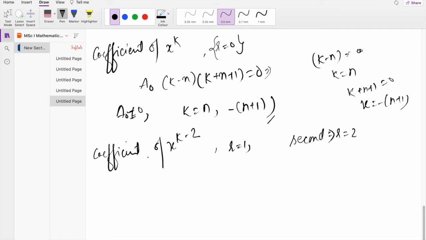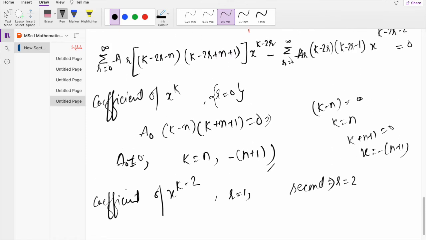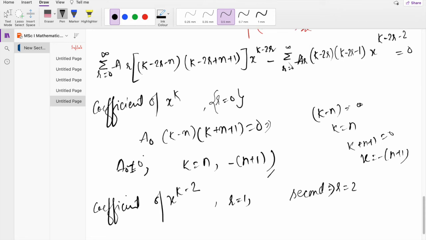All right. So here in this term, just put r equals 1. This will give me a1 (k − 2 − n), and this will give me k − 2, then plus 1, just write it as it is.